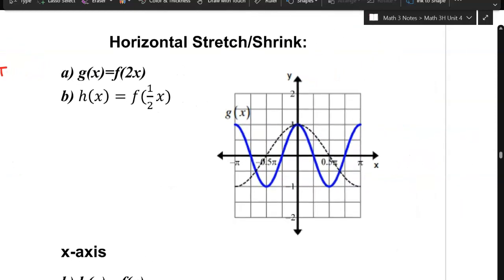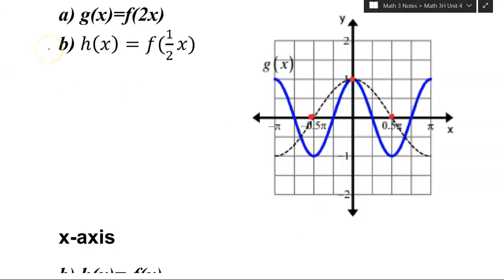All right, next we have horizontal stretch or shrink. This is going to be on a cosine x graph. And we are at 0, 1 this time for our origin. It's one of the few parent functions that has a different starting point other than 0, 0. There are a couple of other ones, but this is just one of them.